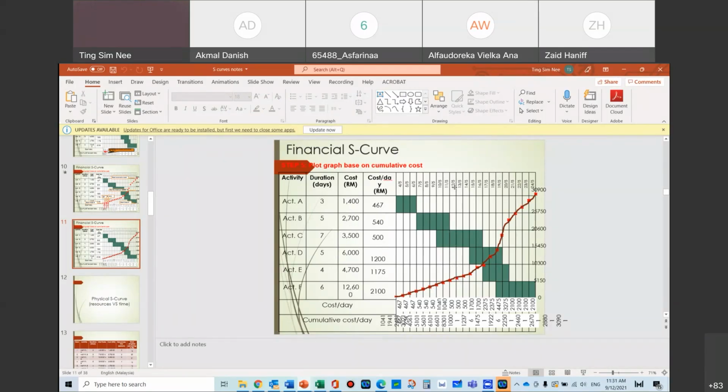In month number 8, what was the actual work performed? You've got to go back to your schedule and your daily record and check whether this activity has finished or not, whether it is 100% or 90%. Month 8 is here. I'll put my cursor here to make it clearer.